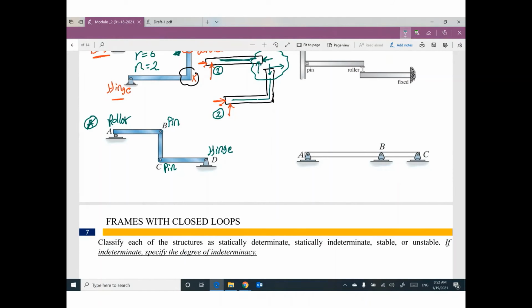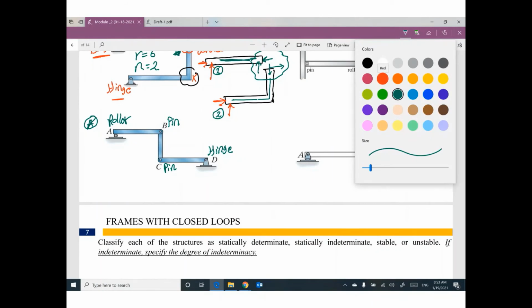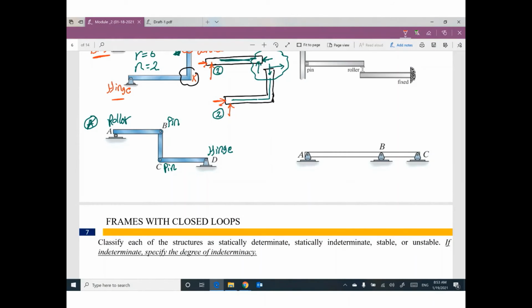So the first step we need to do is separation. I will do separation here and another separation here. Let's do it. We have this part, this part, and this part.